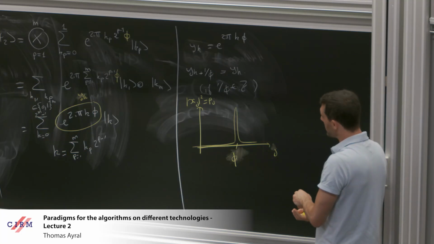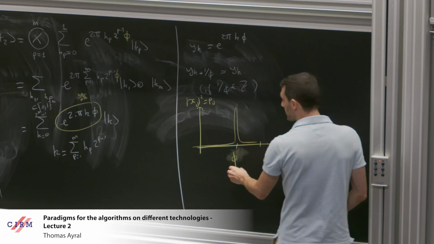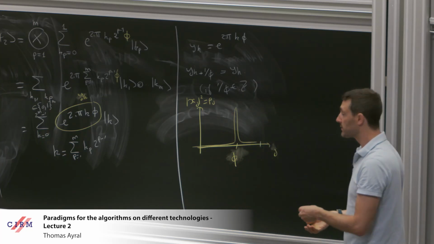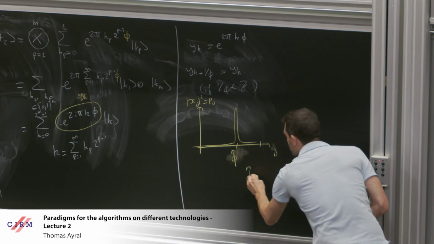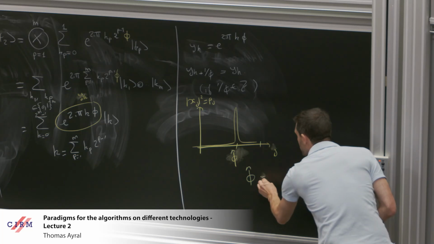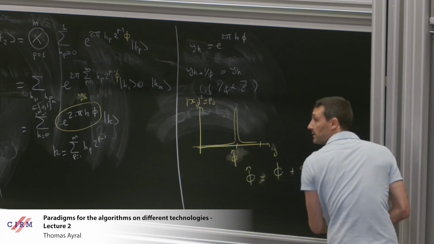Okay? Something important to realize is that the accuracy I have here is going to be limited by my number of bits on the ancilla register. So essentially the phi hat that I'm going to get is going to be like the true phi plus some epsilon, some error.